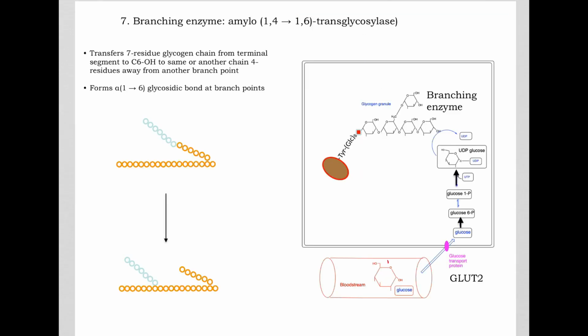The glucose in the bloodstream of the liver will be taken into the liver cell, the hepatocyte, by this protein GLUT2, and the glucose will be converted into UDP glucose.